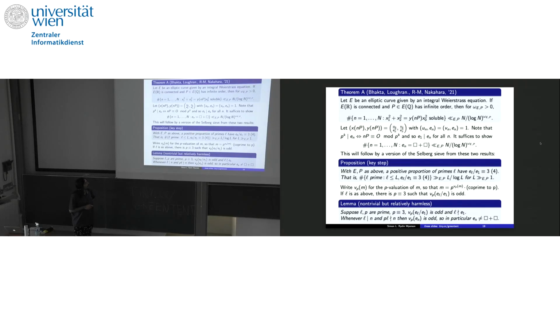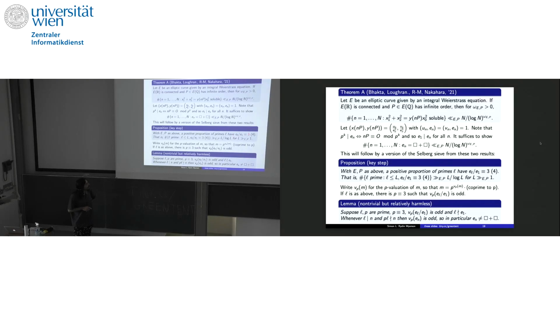this says that, okay, again, we fix E and P, satisfying the assumptions of the theorem. So the real points of E are connected and P has infinite order. And the claim is that a positive proportion of primes L have EL on E1 congruent to 3 mod 4.